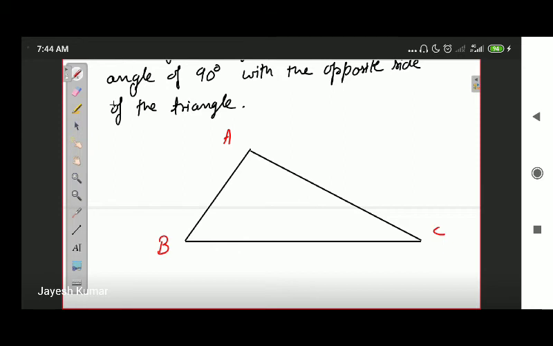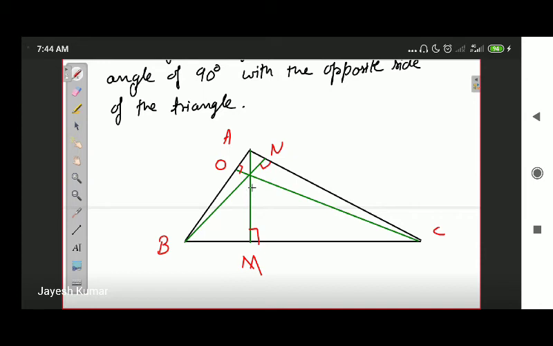Let's see the perpendicular from A. This is the perpendicular from A. Then we will have a perpendicular from point C as well, and finally a perpendicular from point B. Let's say the perpendicular from point A is AN, from point B is BM, and from point C is CO. This angle here is 90 degrees. This angle O is 90 degrees. This angle N is 90 degrees.